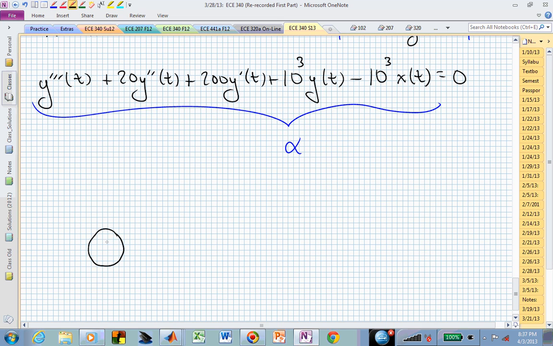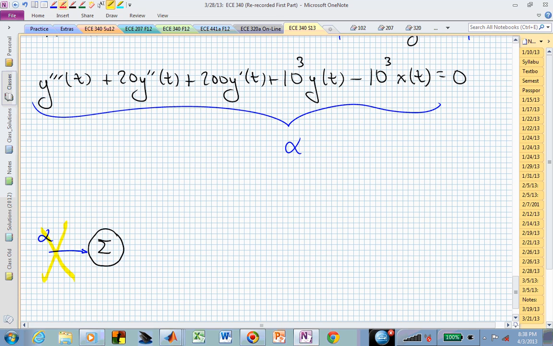The very first thing I'm going to do is inject into this block diagram a signal alpha. That signal alpha is equal to what? It's actually just equal to 0. And in that sense, I don't even have to include that alpha signal at that location. Eventually, I will be able to simply remove that signal, and I haven't changed my block diagram at all because alpha is just 0.